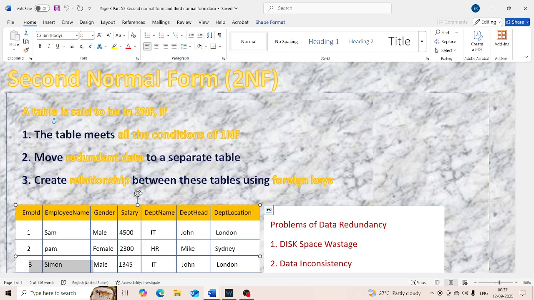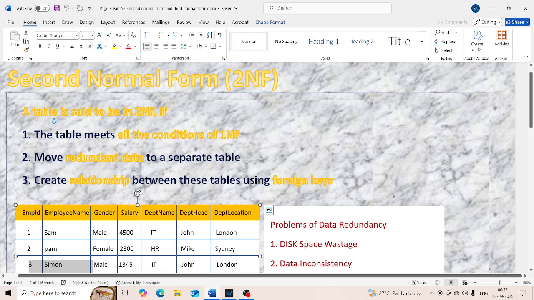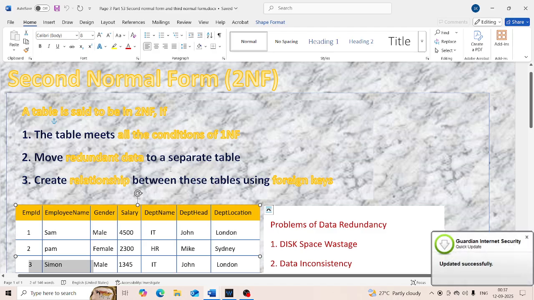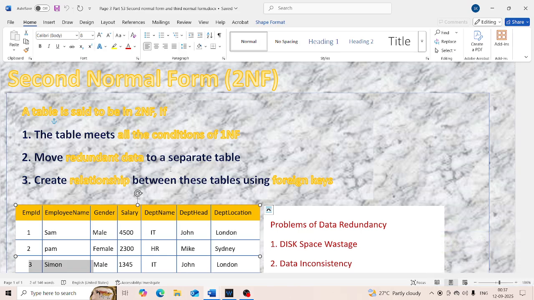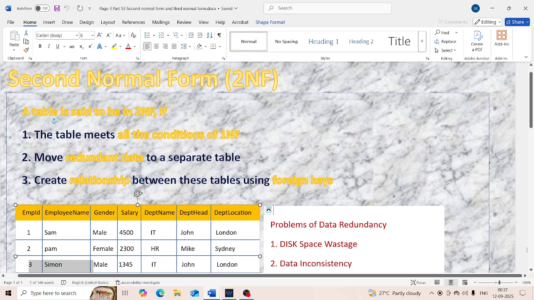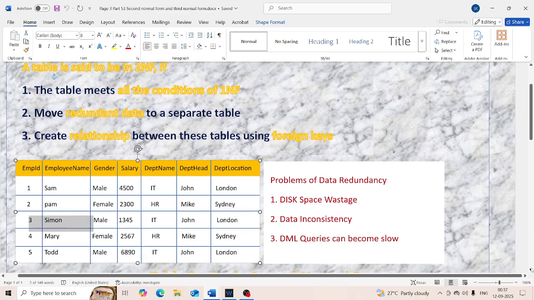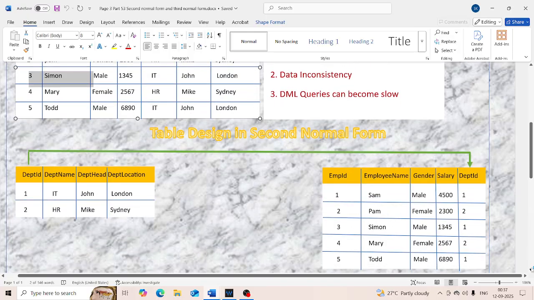If the table contains any redundant data, move that redundant data to a separate table, and then establish a relationship between the two tables using a foreign key.